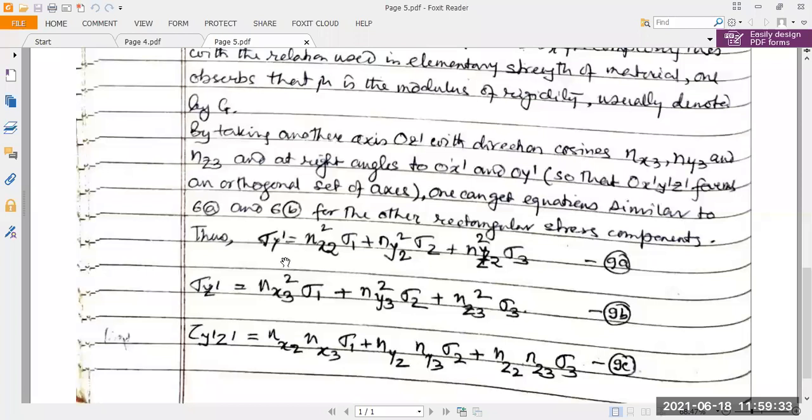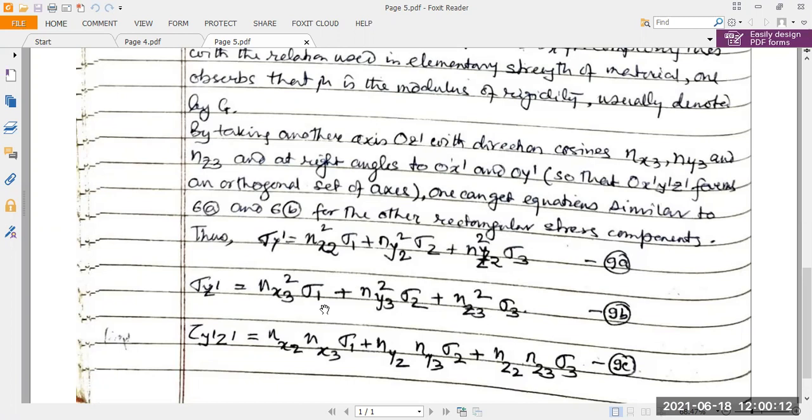So for y dash we put n x2 squared, sigma 1, the component of the normal stress along y dash, plus this z2, and where z dash is equal to n x2. And tau y dash we have defined and discussed in the same way. It all depends on the direction cosines themselves.